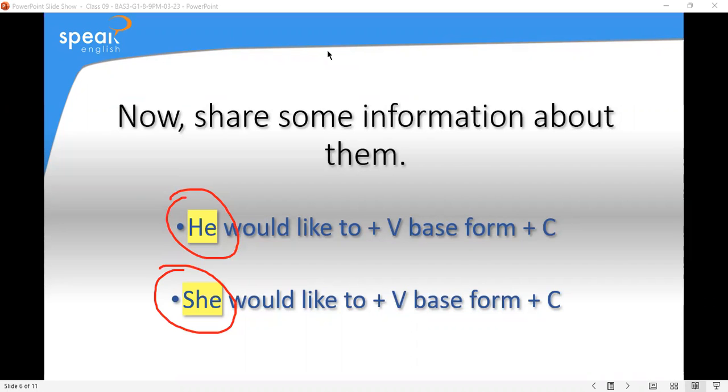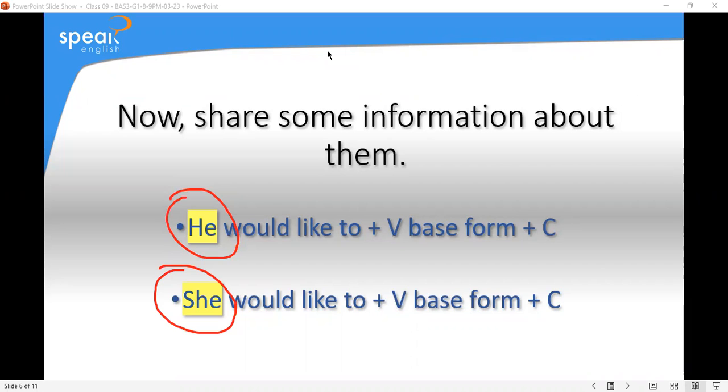Jacqueline Benitez? She would like to student English. Okay, good. Let's continue.